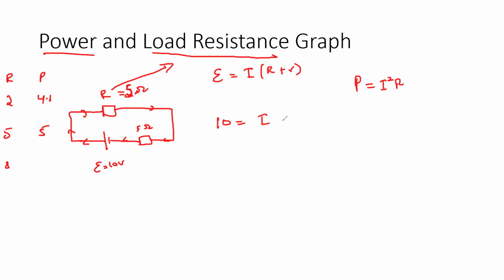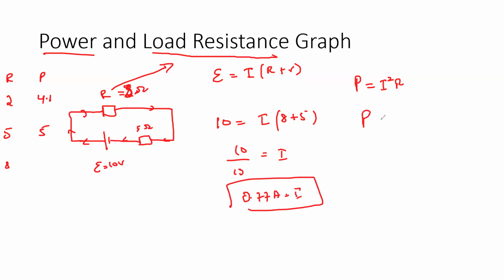The current we are finding. The external resistance we are taking as 8, so the total will be 8 plus 5, which is 13. So what is the current here? It will be 10 divided by 13, so we'll get the current as 0.77 ampere.